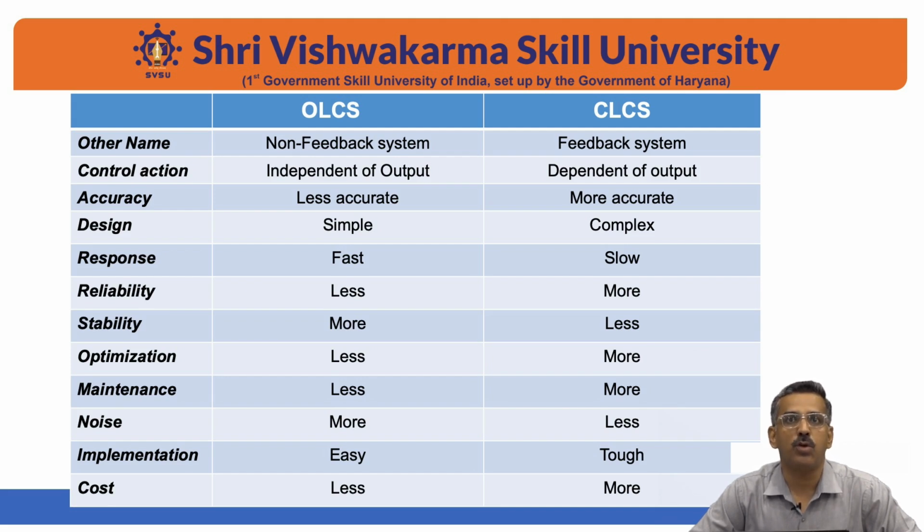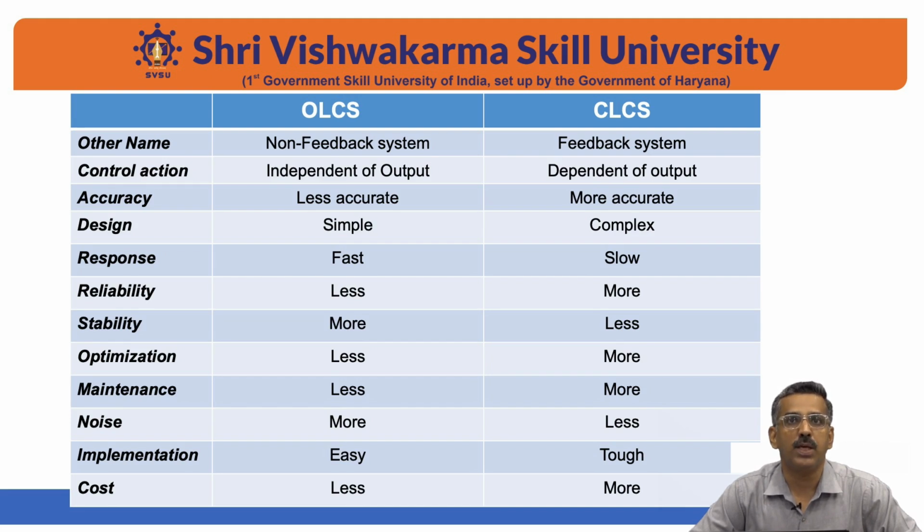The response of open loop control system is much faster than closed loop control system, because there is no feedback mechanism in the case of the open loop control system, and we will have the direct relationship of the output with input as a response. So we will get a fast response as compared to the closed loop control system.